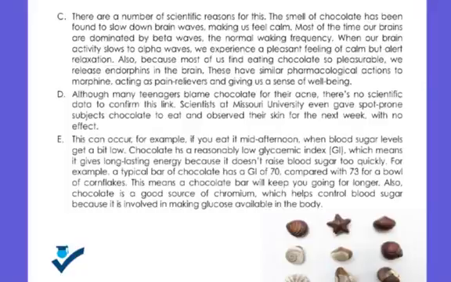Okay, you will notice that you can't find the answer in the first sentence because it talks about blood sugar levels. Neither can you find the answer in the last sentence. It's a good source of chromium. It makes glucose available in the body. Where you can find the answer is that it will keep you going for longer.